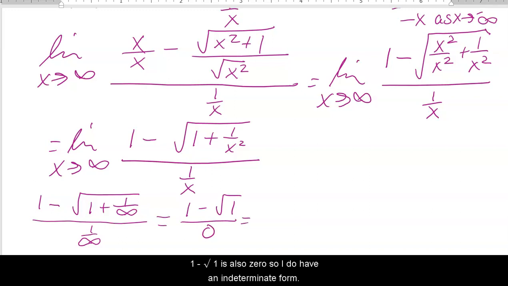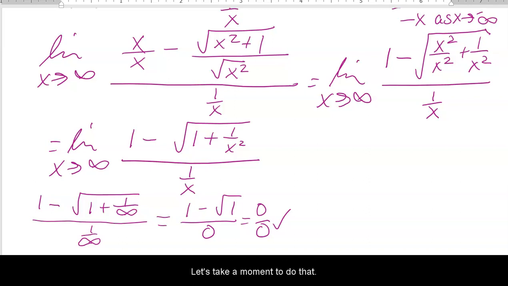But 1 minus the square root of 1 is also 0, so I do have an indeterminate form. That means I can now apply L'Hopital's rule. If I apply L'Hopital's rule, I should be able to simplify this and see what I get. Let's take a moment to do that. Turn off the video, take L'Hopital's rule, and turn the video back on to check and see if you got what I got.